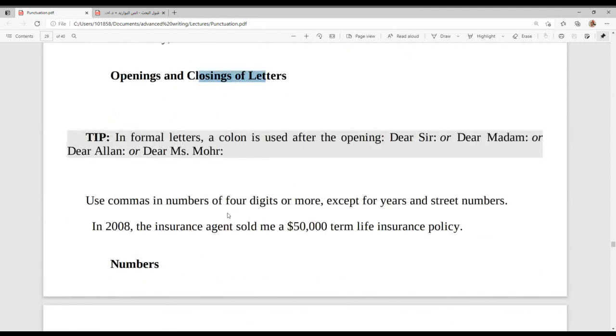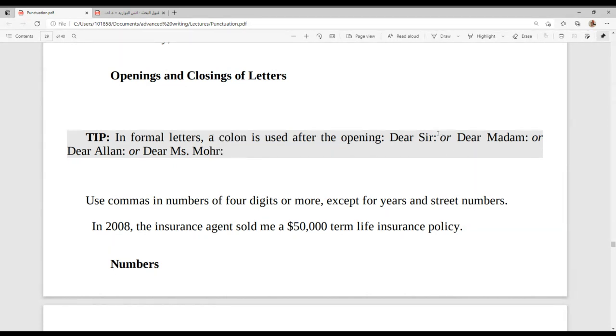But look here, in formal letters, a colon is used after the opening. In formal letters, we use a colon in the opening. Dear Sir, or Dear Madam, or Dear Alan, or Dear Miss Moore.